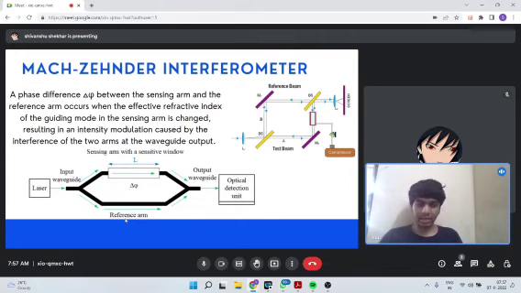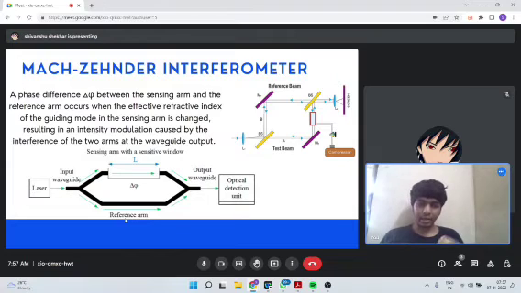As you can see in the definition, a phase difference of delta phi is being produced in the sensing arm by changing the effective refractive index through a certain part of it, and thus getting a different optical path travel. And here, as you can see in the diagram at the bottom, by having a different optical path, we are getting a phase difference of delta phi, which will then be used for the interference pattern, as we know from the cos phi formula.